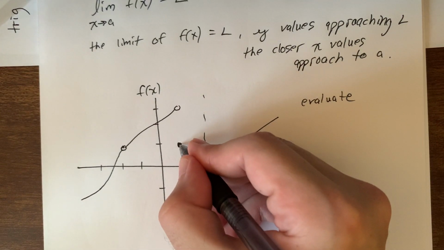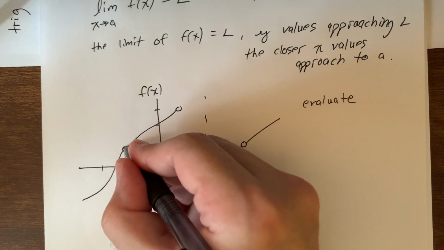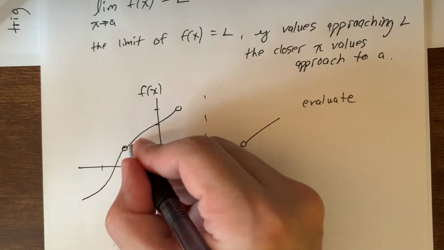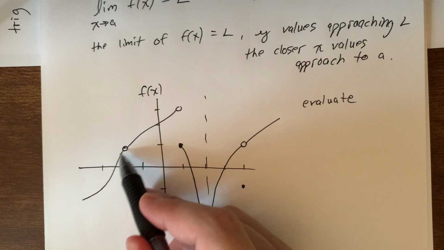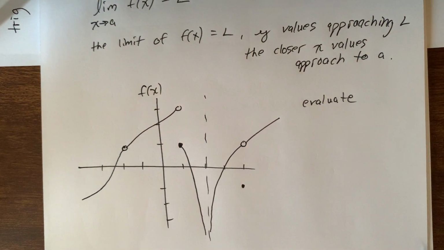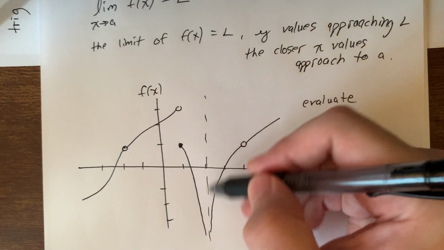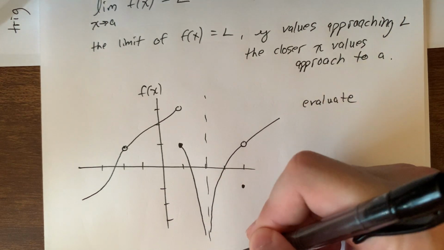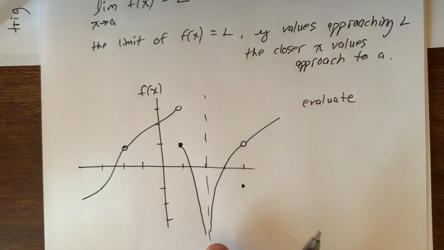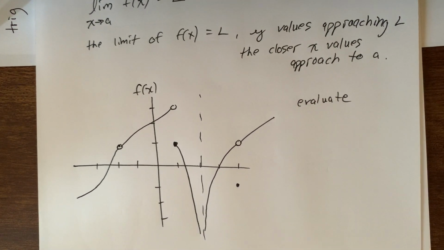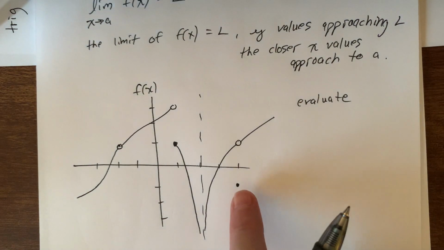I need to emphasize this is open, that there's a tiny little gap in the curve from here to here, okay? I need this dashed line to show that these sides don't touch, that they just continue shooting down forever. So again, just some reminders about graphing.